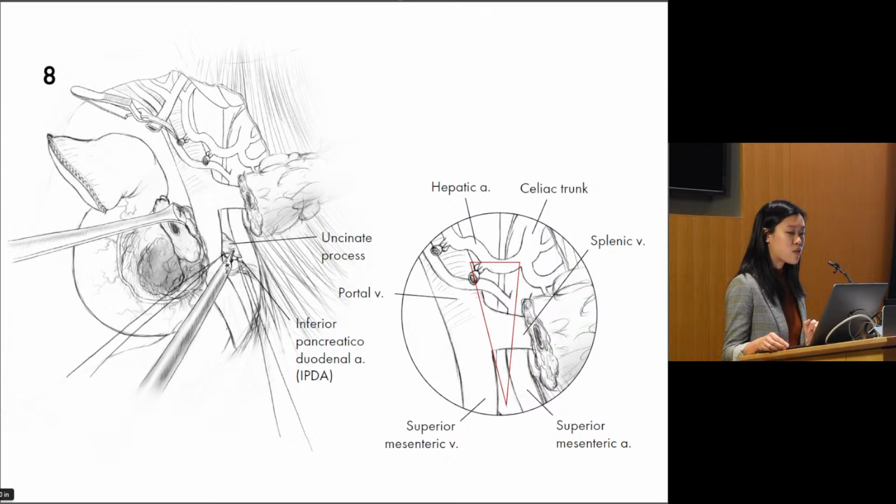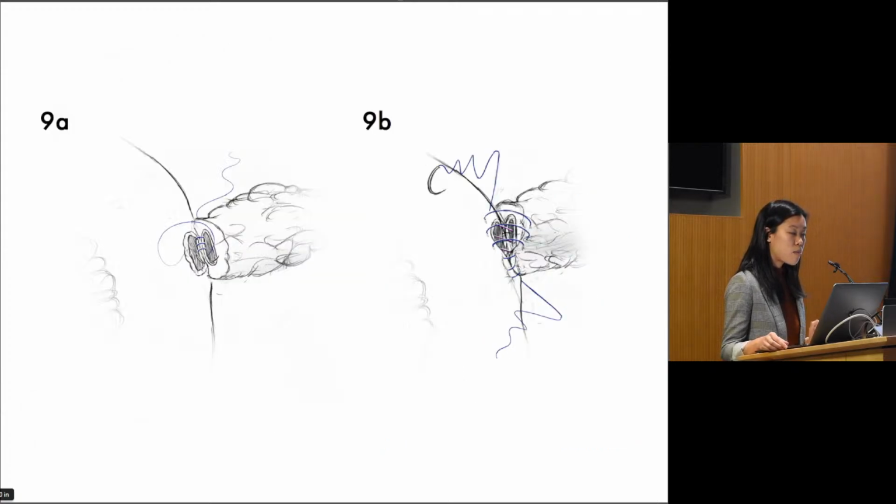Once the specimen is removed from the field, the borders of an anatomic triangle, as defined by the common hepatic artery and celiac trunk, the superior mesenteric artery, and the portal vein and superior mesenteric vein, are assessed to ensure that all tumorous tissue has been resected. The pancreas is reattached to the jejunum through a duct to mucosa pancreaticoduodenostomy, where a small enterostomy is anastomosed to the pancreatic duct.